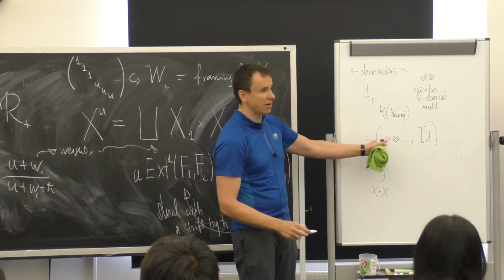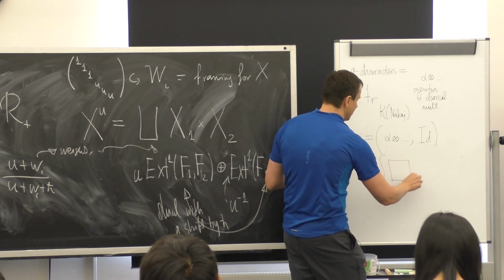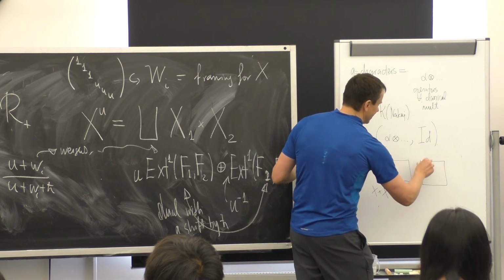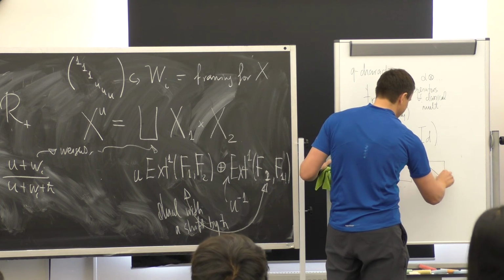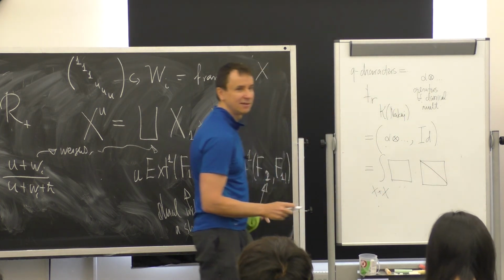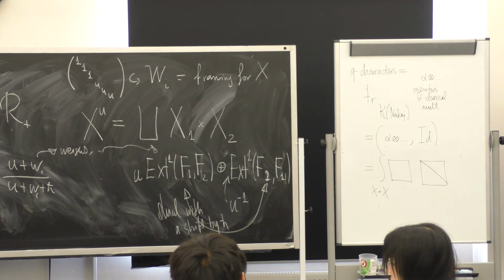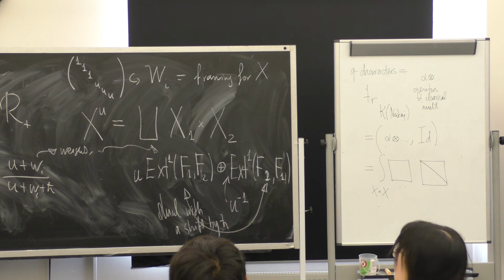Of what? What's this operator? One operator is easy. One is just the diagonal. So you take the diagonal. And the other operator, what's the operator of classical multiplication by some class alpha?